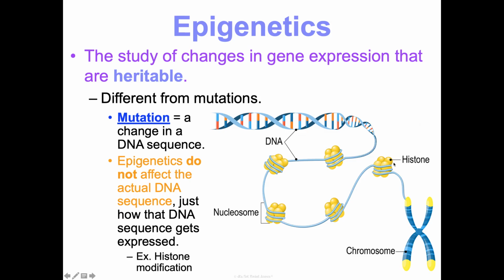Now, if the histones are really, really tightly winding the DNA, then we can't transcribe the DNA. But if it's relaxed, then the DNA is able to be transcribed. And so that's one example of gene expression, and epigenetics can affect that, whether or not the histones coil tightly or not, and allow the gene to basically be turned on or off, to be transcribed or not. And that is your overview of protein synthesis.